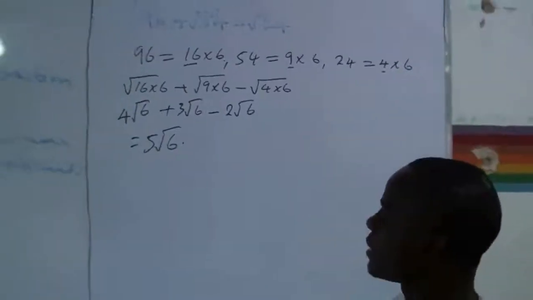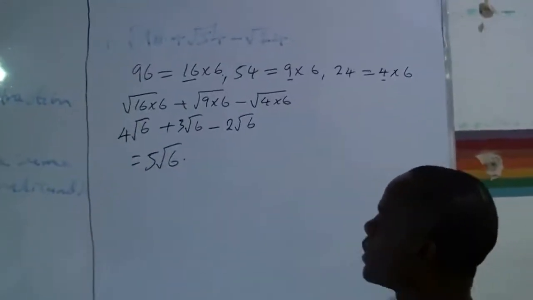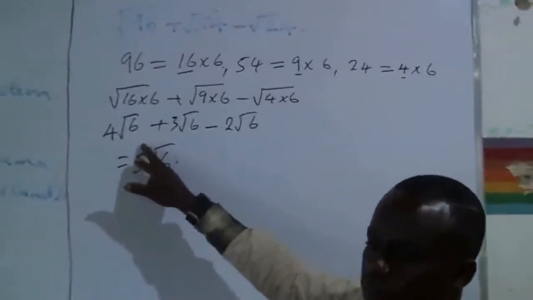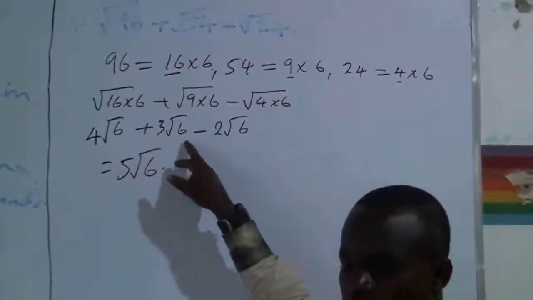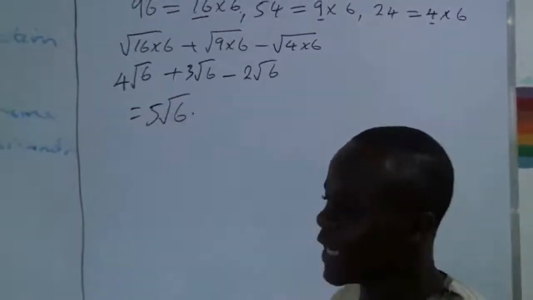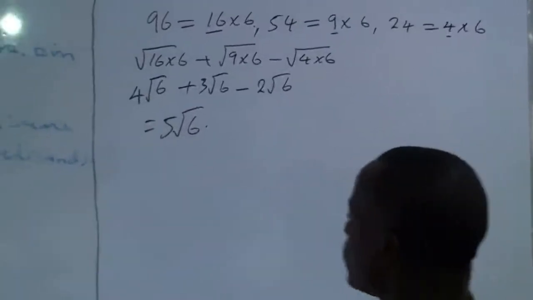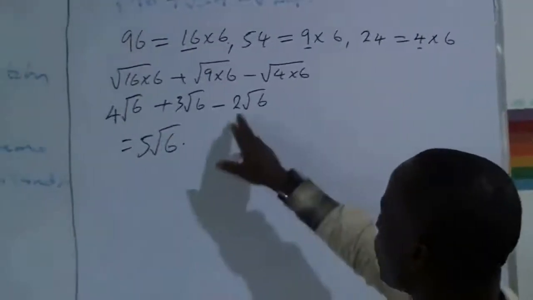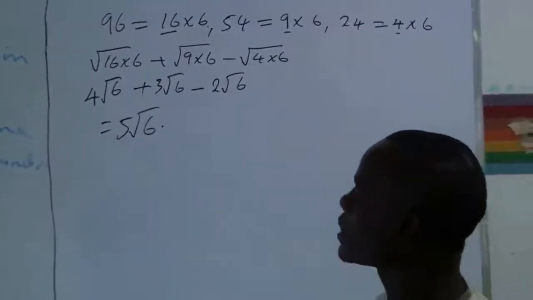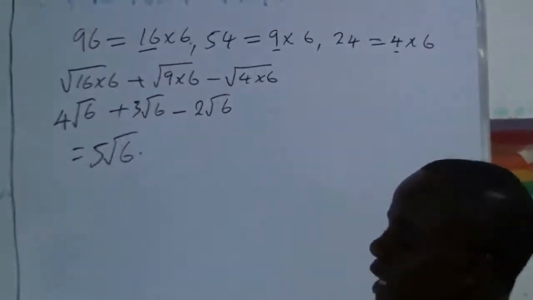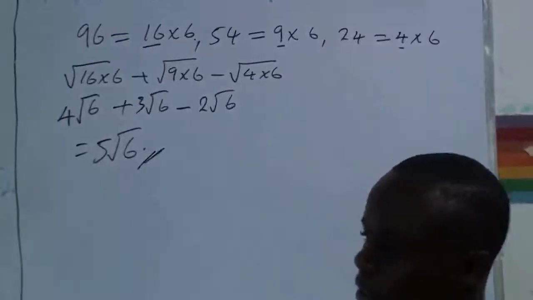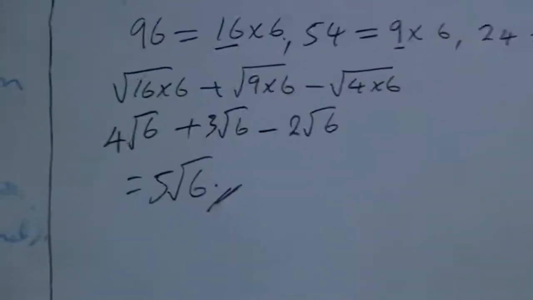That's just that. Please take note. This means 4 of root 6 plus 3 of the root 6. So if you have 4 root 6 and I add 3 of the root 6, you have 7 of the root 6. And then I now take away 2 of them. You have 5 root 6. And there's nothing you can do here any longer. You can just finish simplifying it.